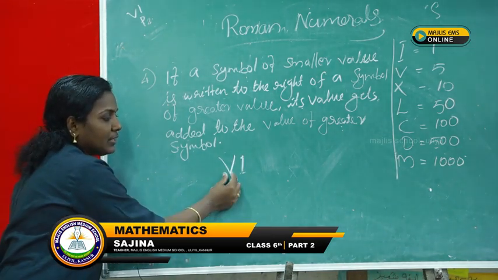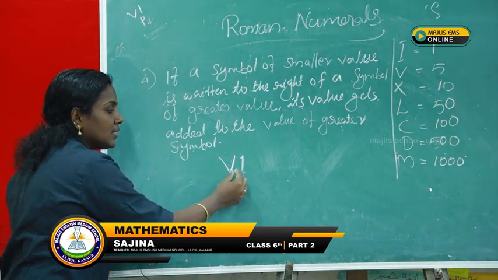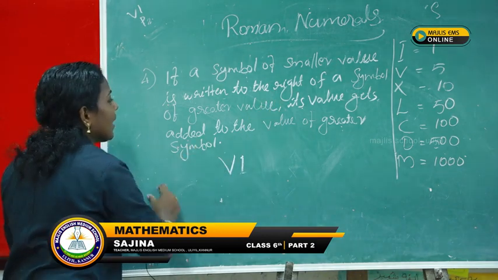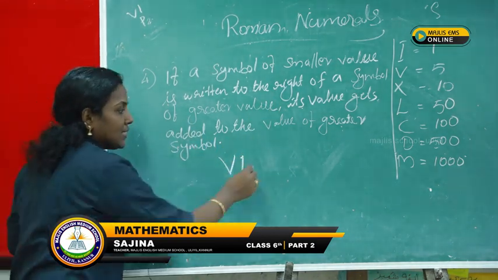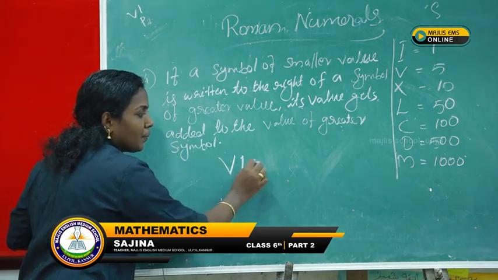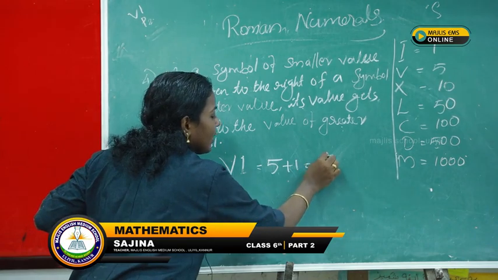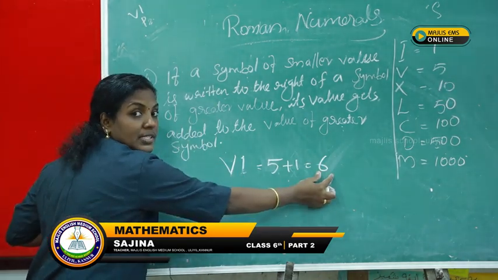Here, what are the symbols? V and I. V is 5 and I is 1, the smaller value. Here 1 is to the right of 5. Therefore, its value gets added to the value of the greater symbol. 5 plus 1 is 6. Therefore, the value of this is 6.